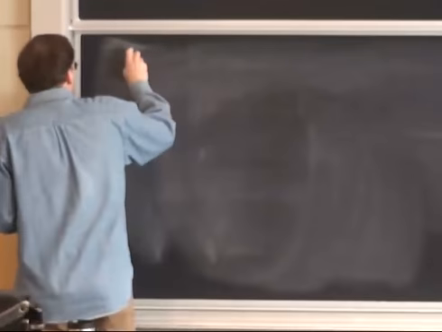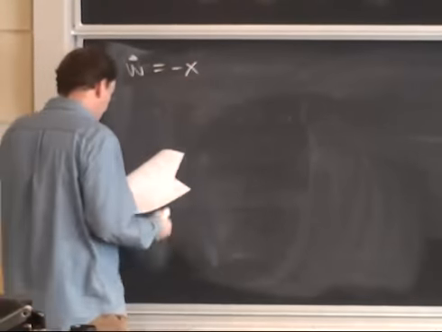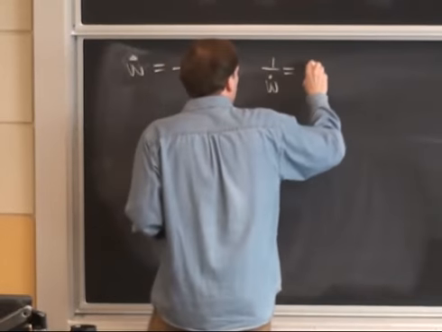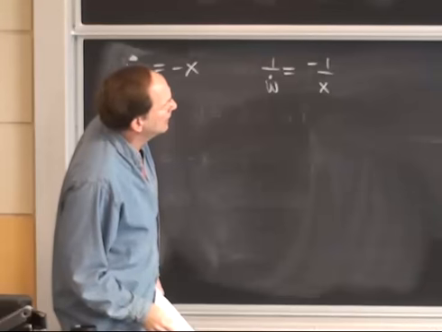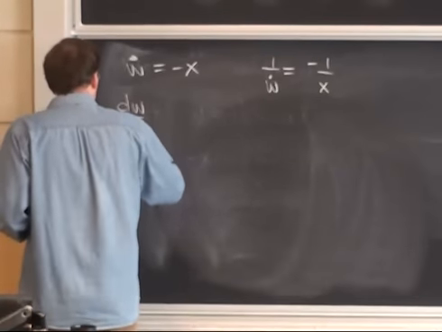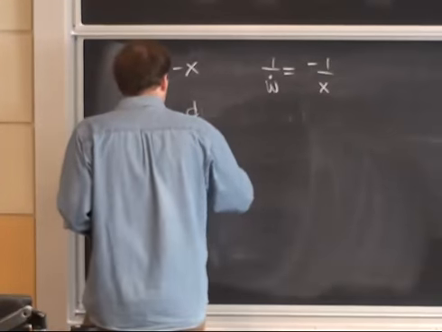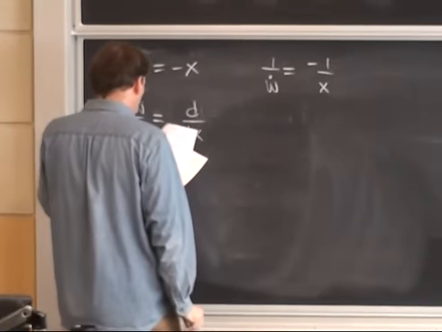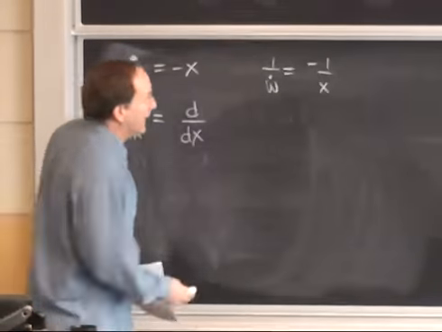Okay, so we have w dot, the first contribution. w dot is just minus x. And so 1 over w dot is minus 1 over x. And the other term, dw dx, well, that's just d dx of, well, we said that w is essentially mu times f of x.